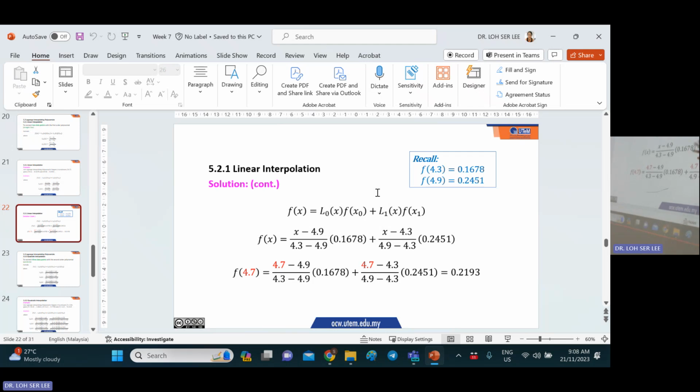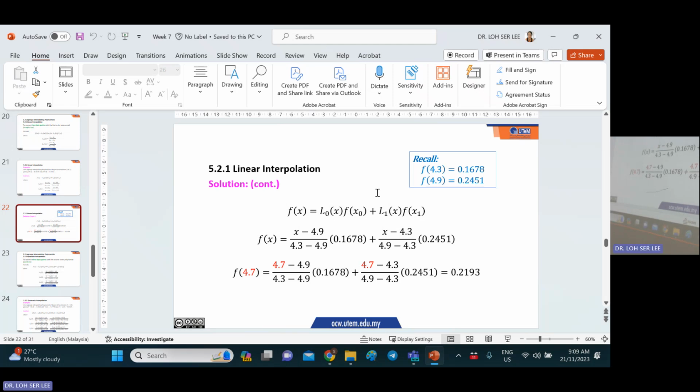If you put everything in one line, this is what you are going to get. Actually for linear interpolation, you can put everything in one line. After you substitute the x0, x1, and also the y0 and y1, this is what you get. This is the first order Lagrange interpolating polynomial.